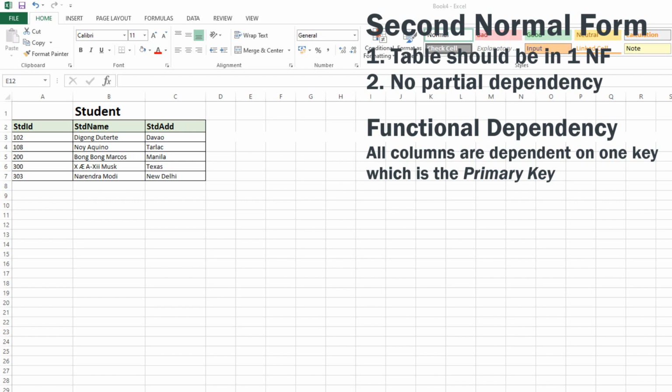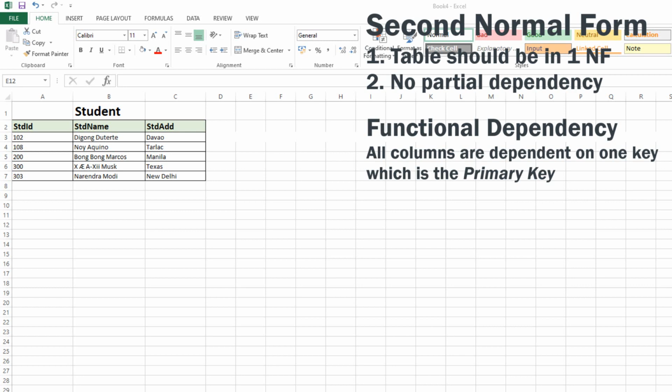Look at student ID. That will be identified as the primary key because that is a unique identifier for all students at a university. Student ID 102, Digong Duterte, will always belong to only Digong Duterte from Davao and nowhere else.